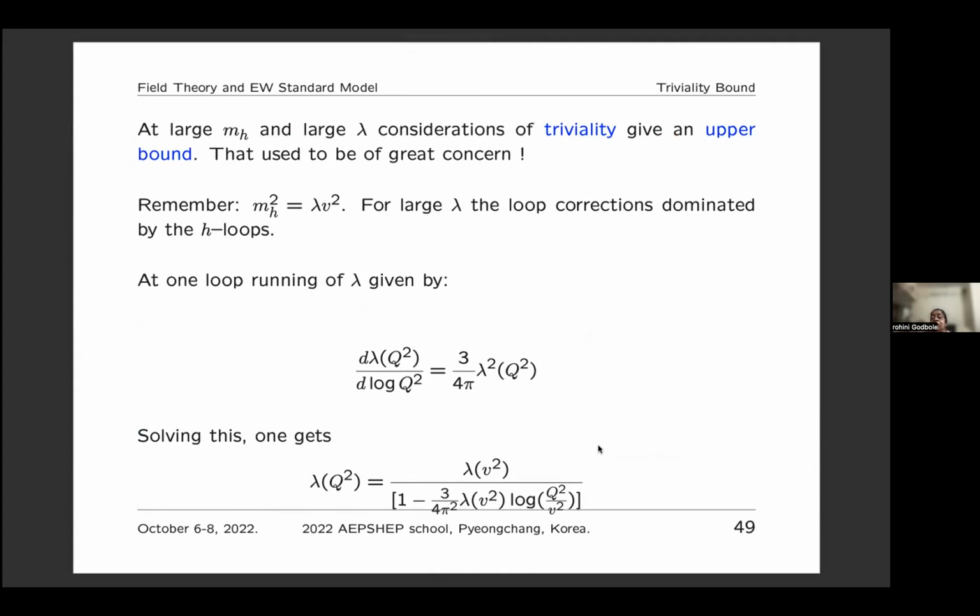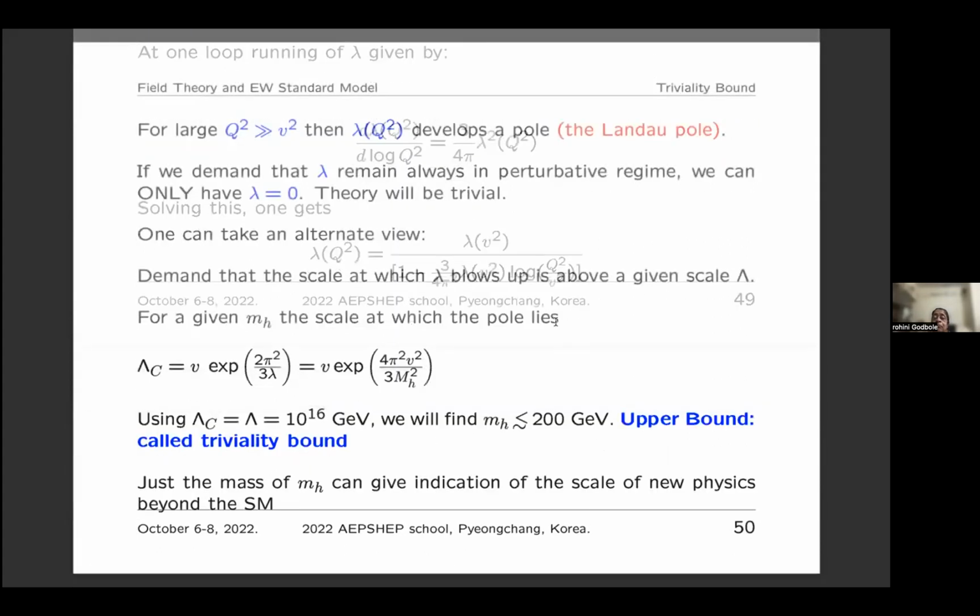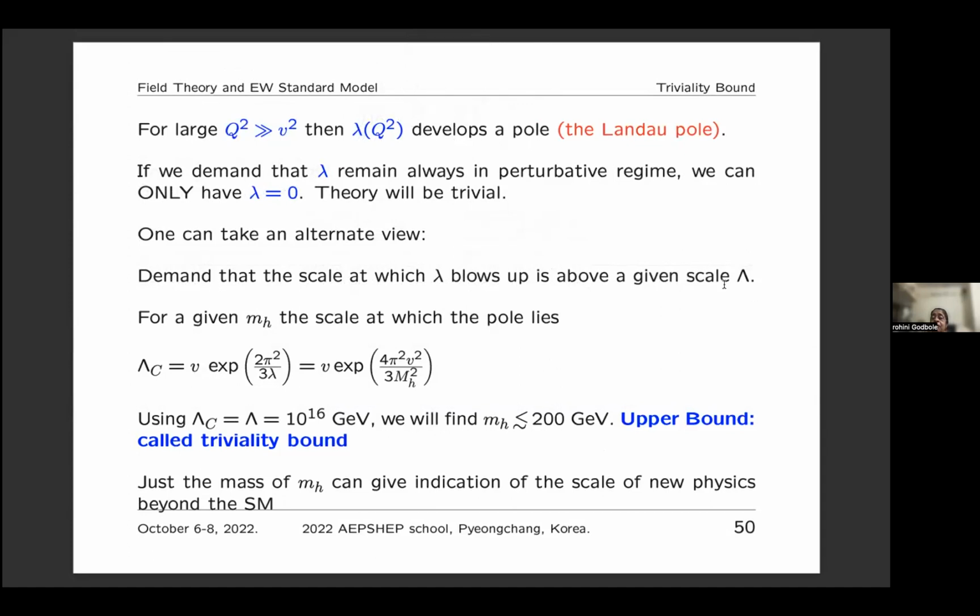And that means the theory is trivial and it will not do anything for us. So the fact that the pole lies above a given scale Lambda means that if the Higgs mass is less than 200 GeV, then the theory does not become trivial.